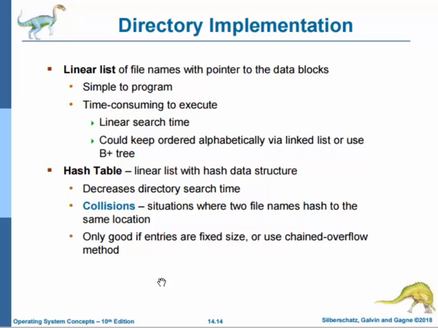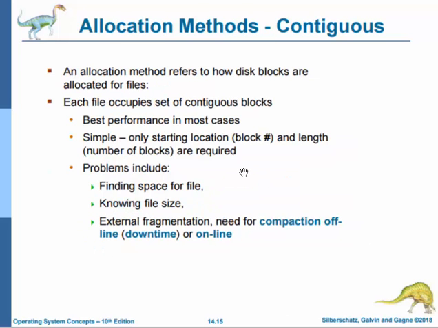So this chained overflow hash table is used alternatively, wherein each hash entry can be a linked list instead of an individual value, and we can resolve collisions by adding the new entry to the linked list.